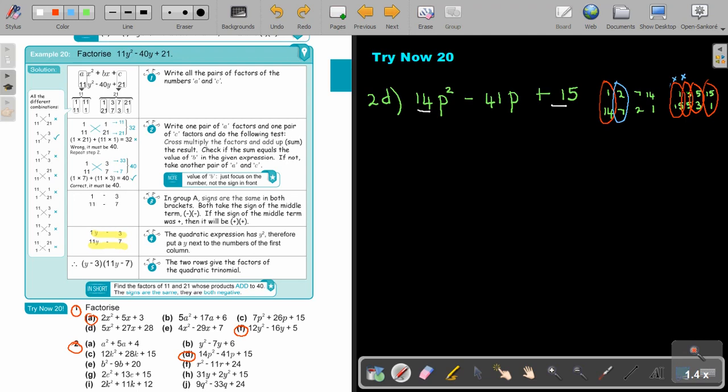Oh, this one is going to work. So 2 and 7 and 3 and 5. Because 7 times 3 was 21. Plus 2 times 5, is it 2 times 5?